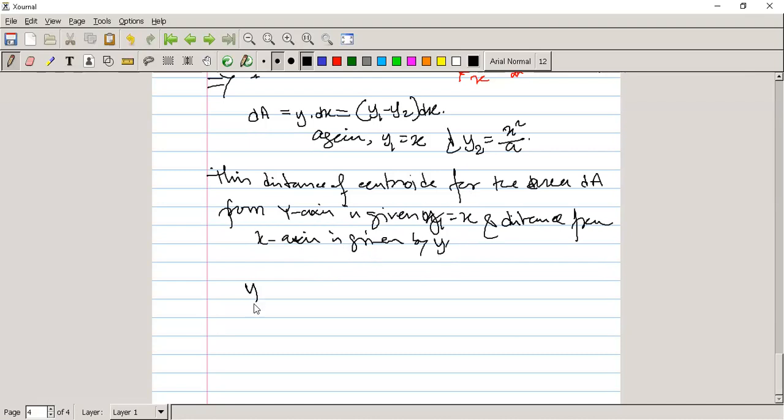Clear? So y dash is y2 plus y by 2. Clear?